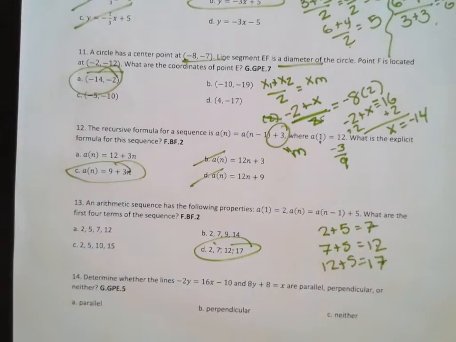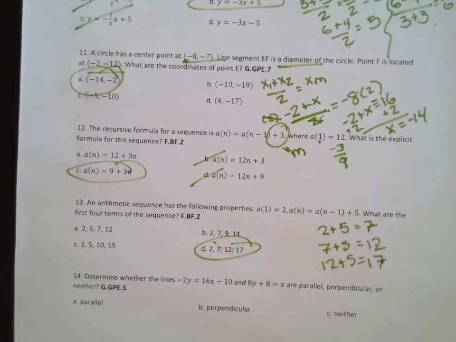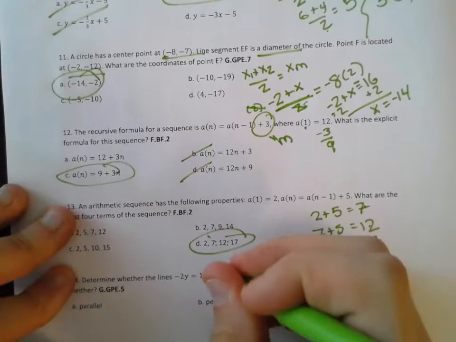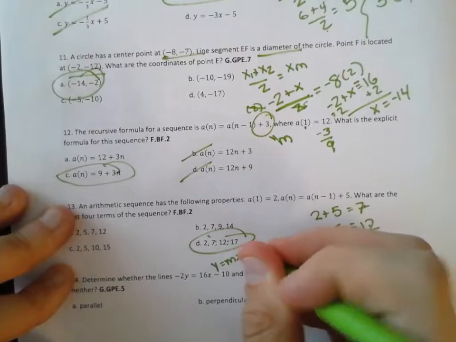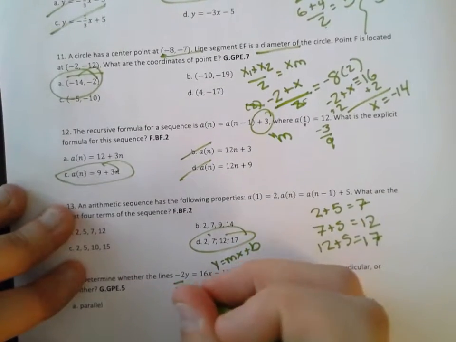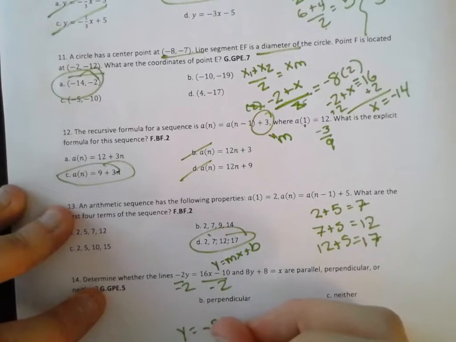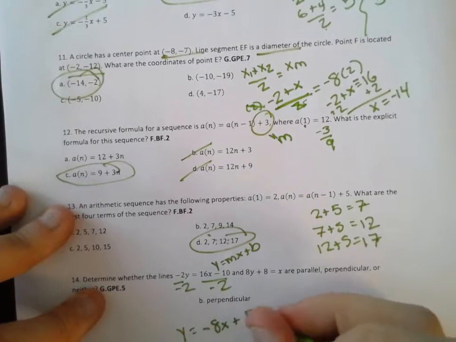Number 14, determine whether the lines are parallel, perpendicular, or neither. In order to determine whether or not they're parallel, perpendicular, or neither, we have to know the slopes. That means they have to be in y equals mx plus b form. So divide by negative 2. That's y equals negative 8x plus 5.